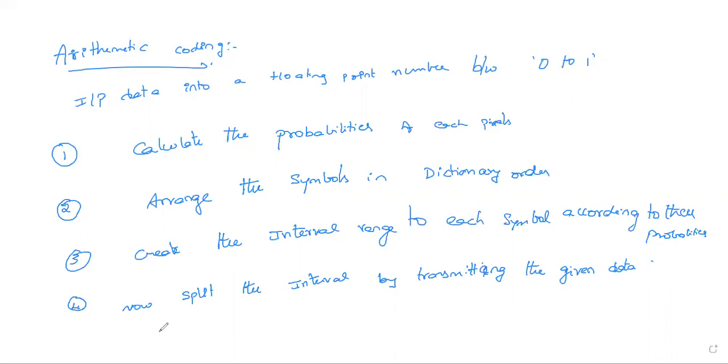Then new intervals are given as: lower interval is equal to previous lower interval plus difference of previous interval into symbol lower interval.